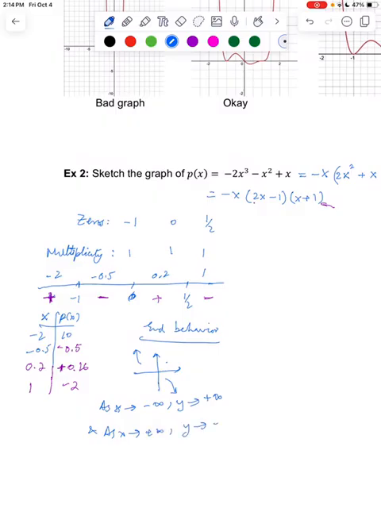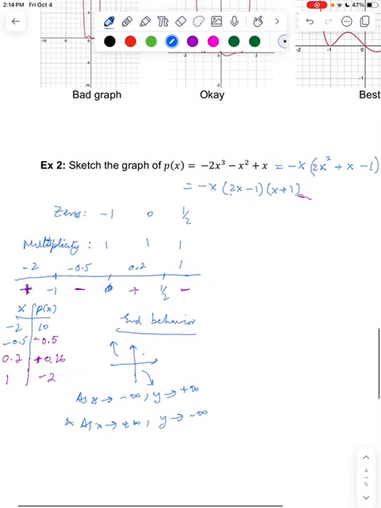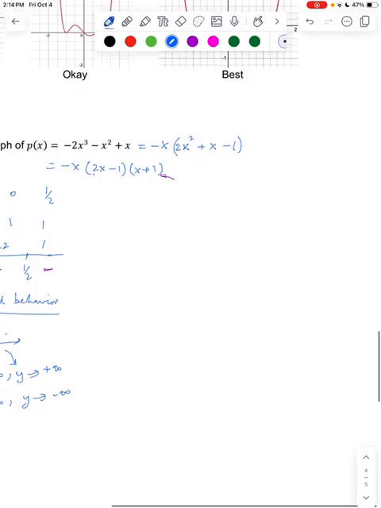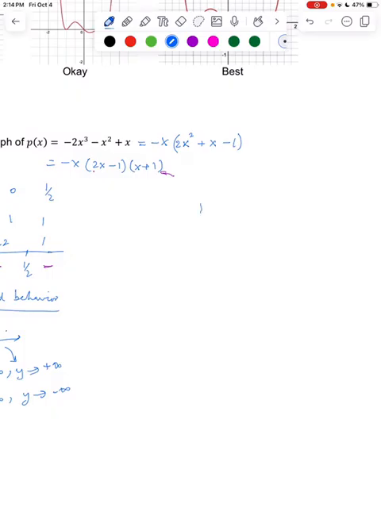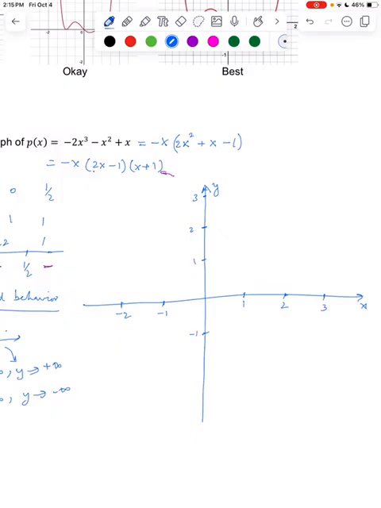Okay, so now keeping this in mind, let's sketch the graph. So the zeros are -1.